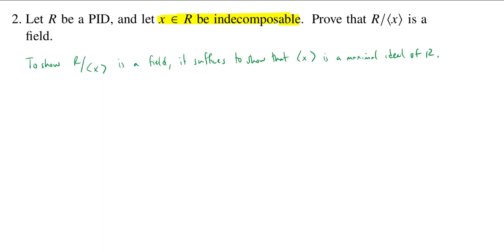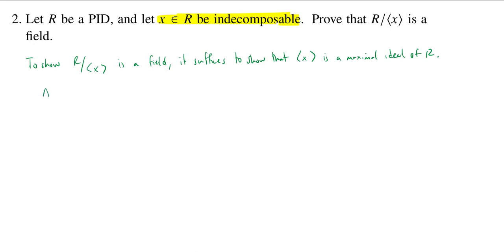It's actually equivalent. If you mod out by a maximal ideal, you get a field. If when you mod out by an ideal, you get a field, you must have modded out by a maximal ideal.